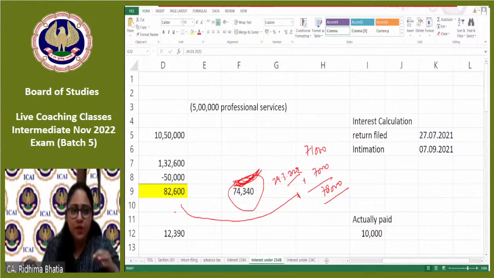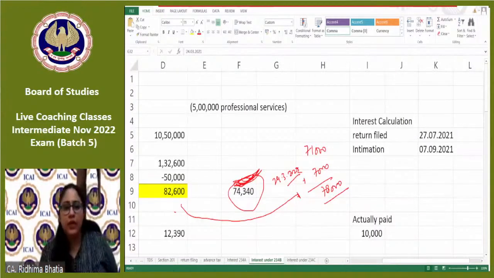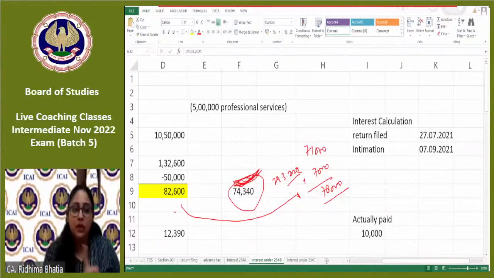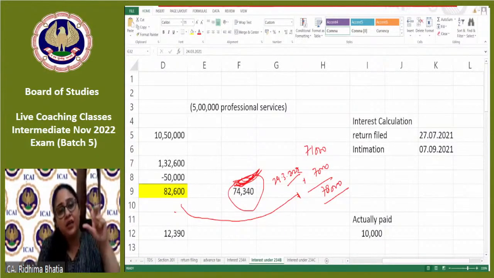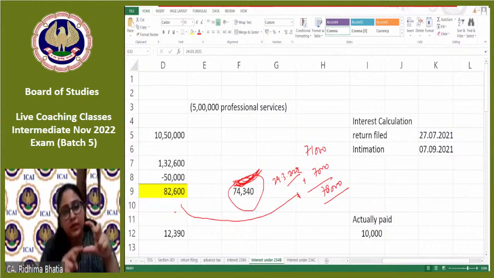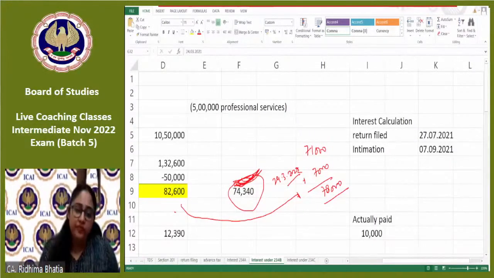Or on 28th March, or just at the nick of the time of the previous year, right? So what is the purpose of those installments? Correct? Because interest अगर एक ही लग रहा है 234B वाला, which is of the entire advance tax which you paid during the year, including after 15th March, then what is the relevance of installments?